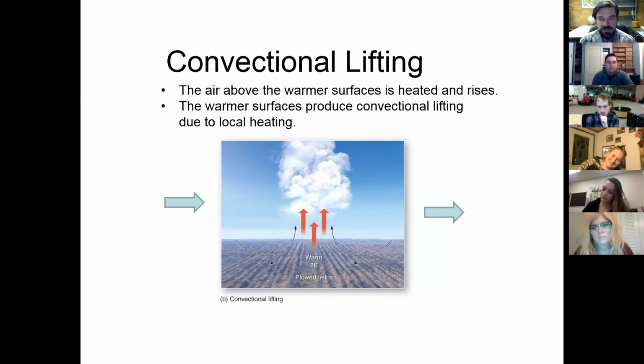The other is convectional lifting, and that's where warmer surfaces are heated and the air rises. So this is what you have often over in continental zones, like mid-continental, so Kansas, Nebraska, eastern Wyoming, right, some of the Dakotas, these big plains regions, where you get this heating of the land during the day, and it's really flat.